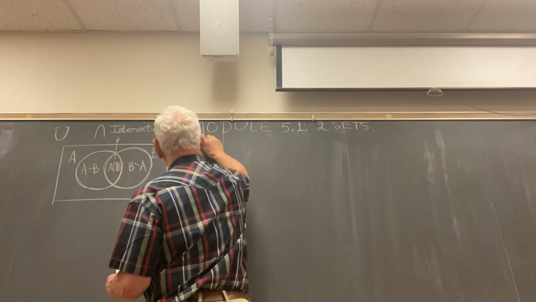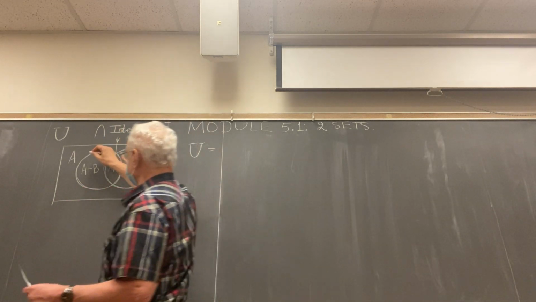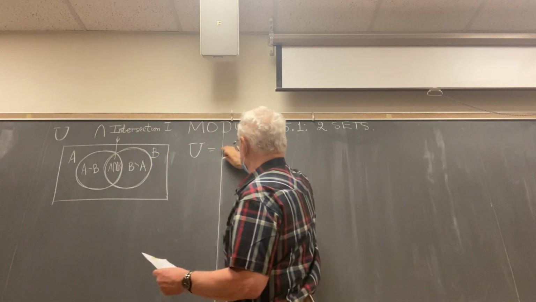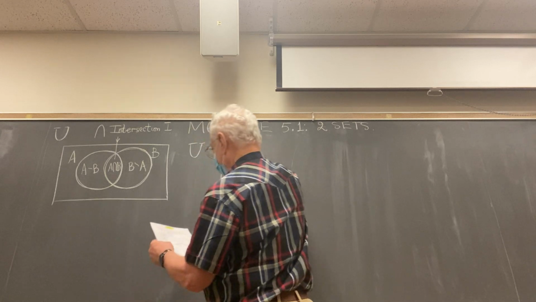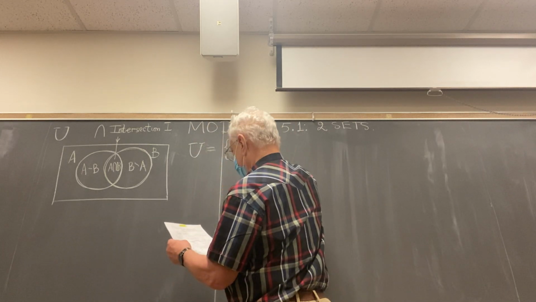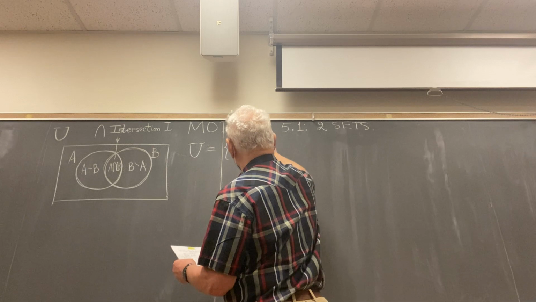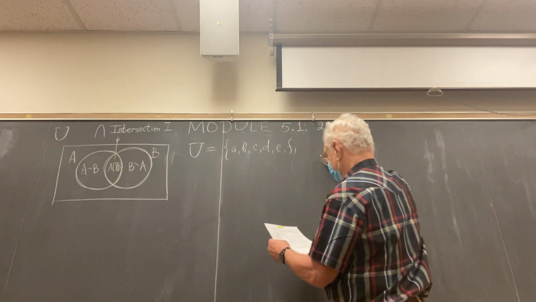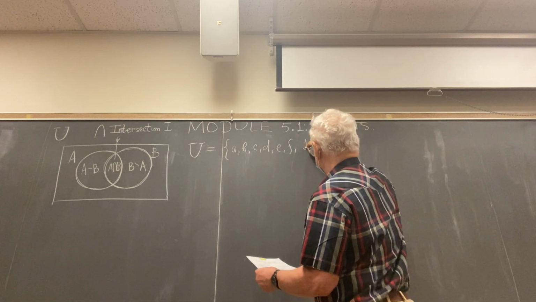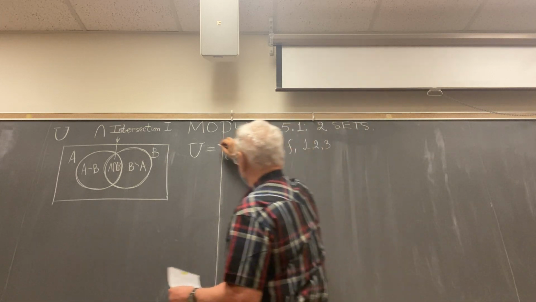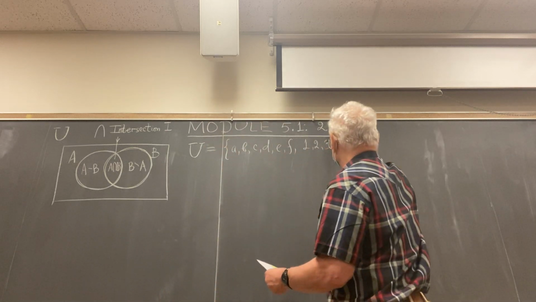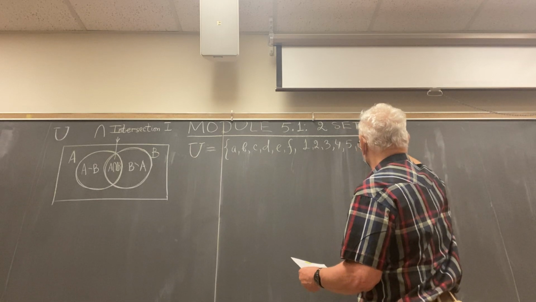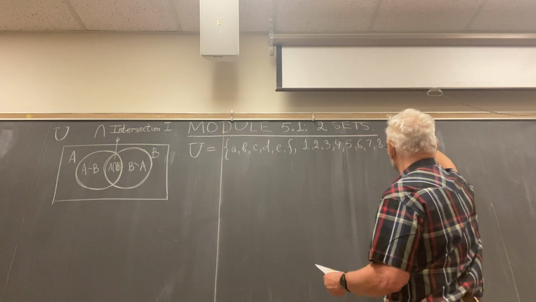Set U is called the universal set. Consider the following U. It consists of the following elements: a, b, c, d, e, f, and then numbers 1, 2, 3, 4, 5, 6, 7, 8, 9, 10.